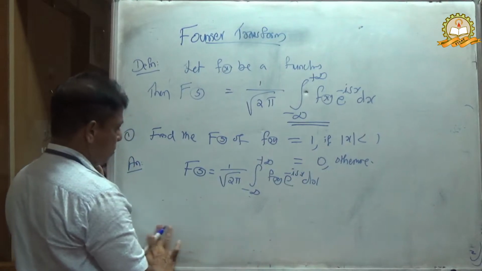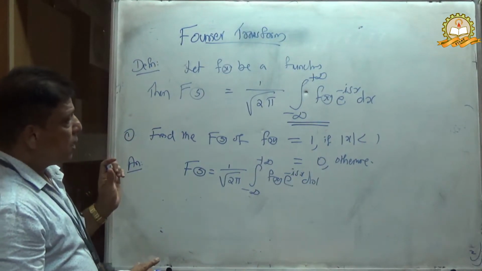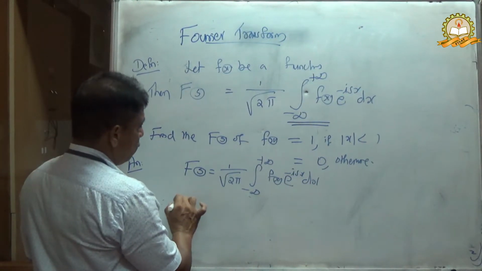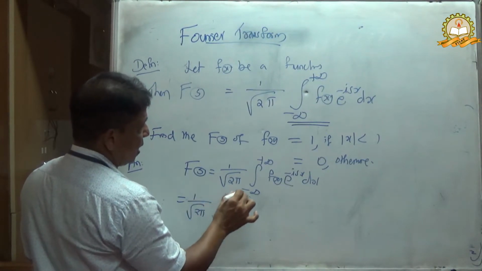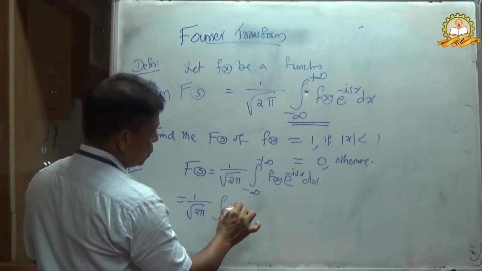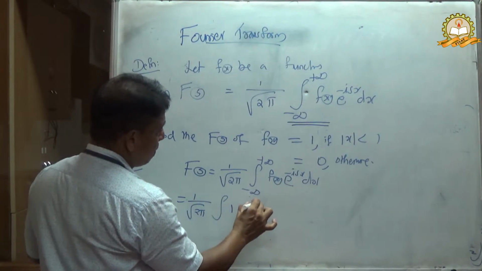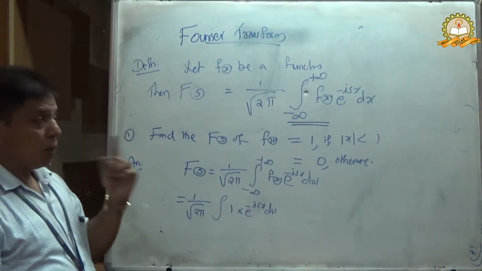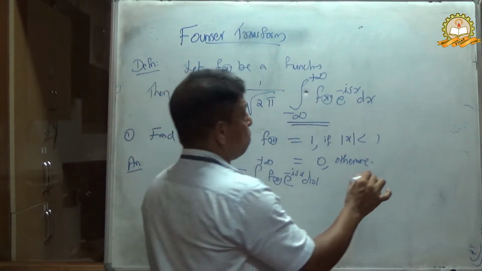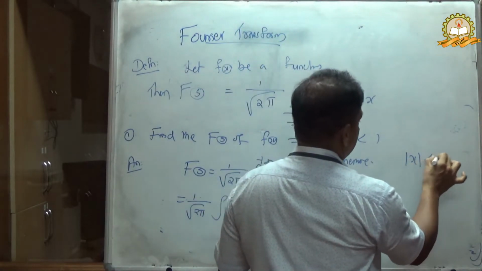This is the formula. Here, 1 by root of 2 pi integral, f of x is equal to 1, into e raised to minus isx dx. Here the interval is given as mod x less than 1.